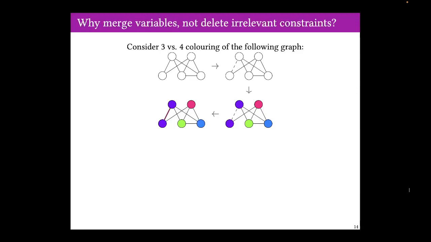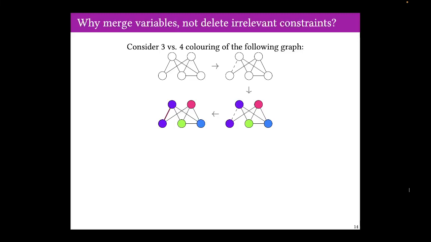That means that the 2 edges from these 2 vertices to the vertex on the bottom left are redundant. One of them is never needed. But if we remove one of these edges, we can accidentally introduce a new 4 coloring that wasn't valid before. Those constraints were irrelevant to the 3 coloring, but they're not absolutely irrelevant to all possible qualitative approximations, in particular for 4 colorings.